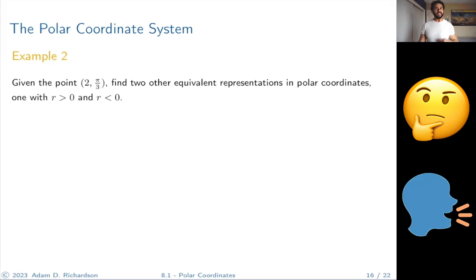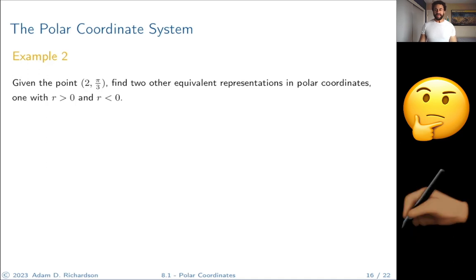All right, now just say anything out loud to yourself about how you would do that, just to give your brain that feedback. All right, now try to do it yourself. See if you can plot these points and then give 2 other representations, one with radius positive and one with radius negative.